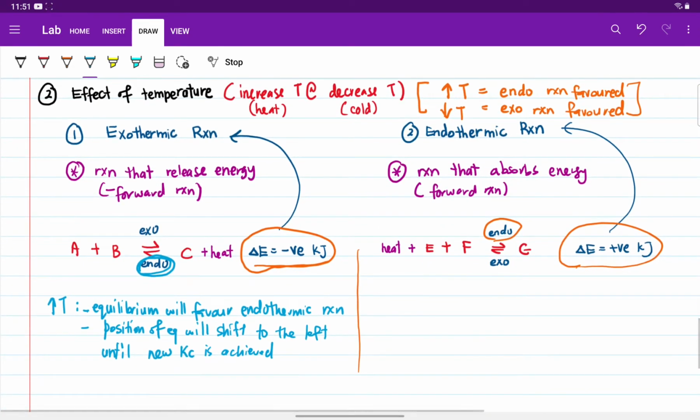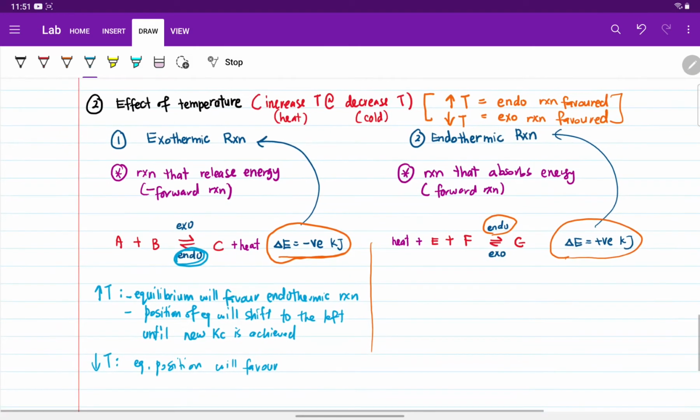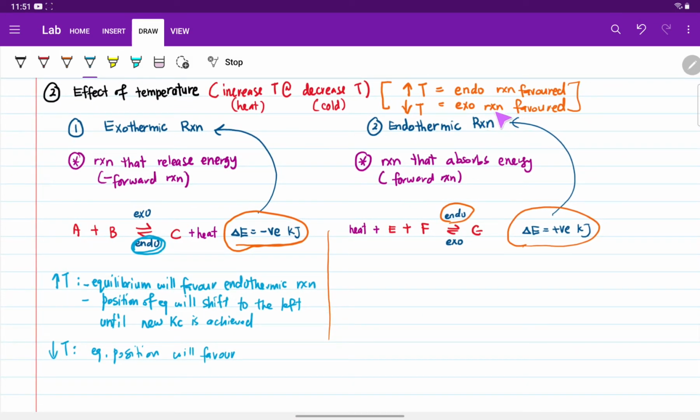So, kalau kita decrease temperature. Okay, so decrease temperature tadi kita kata equilibrium position. Okay, saya buat short form saja dekat sini. Okay, equilibrium position will favor. Okay, dia akan favor which reaction? Equilibrium position will favor exo reaction. Okay, exothermic reaction, which is sekarang bila exothermic reaction, okay, apa yang berlaku?